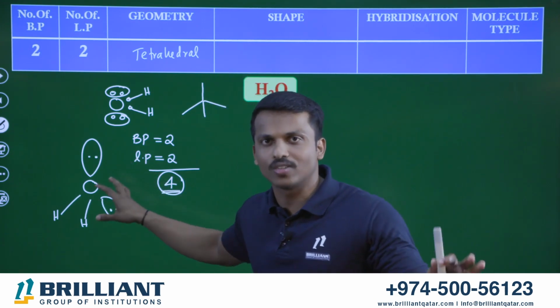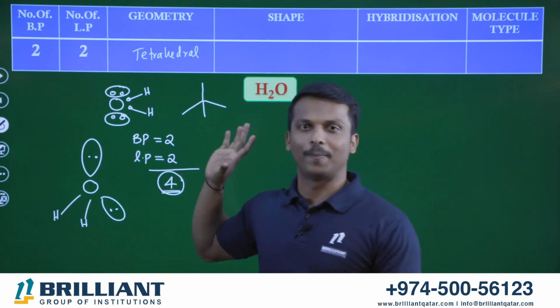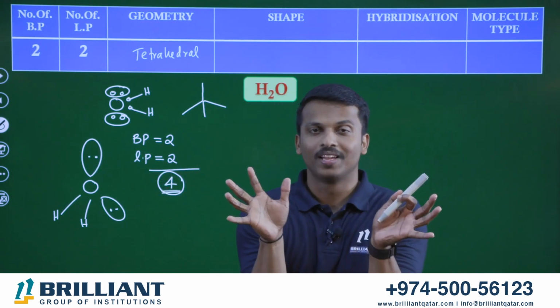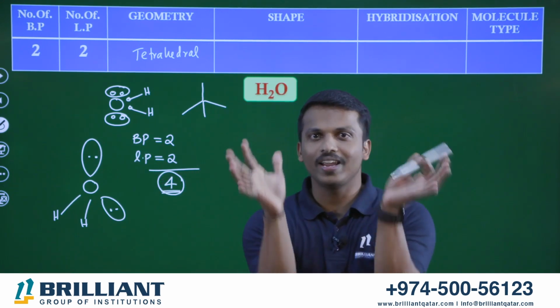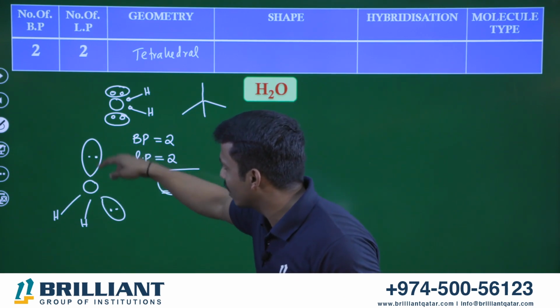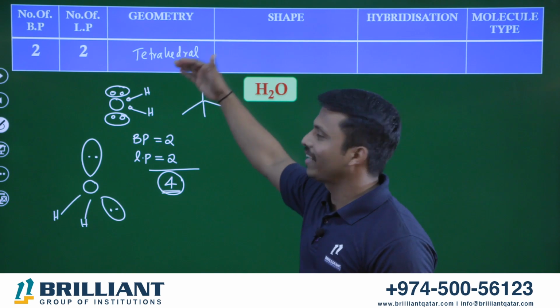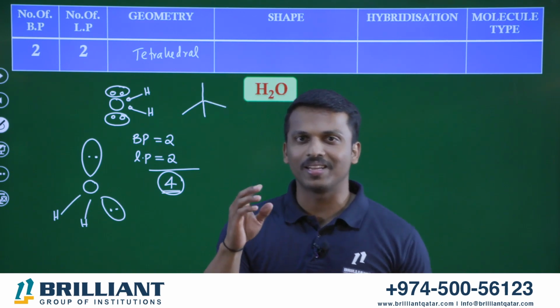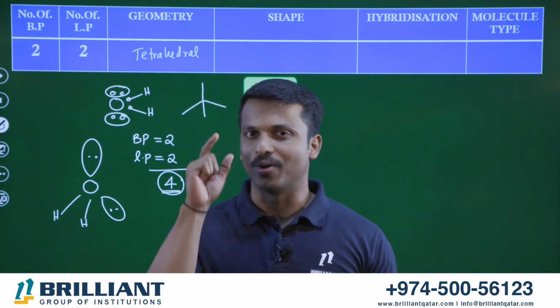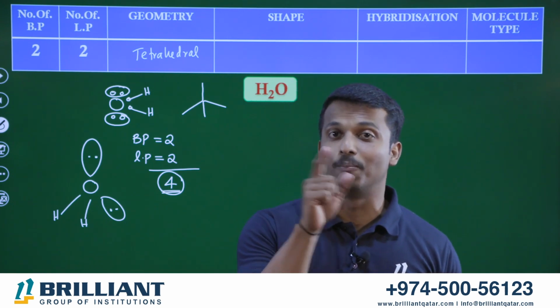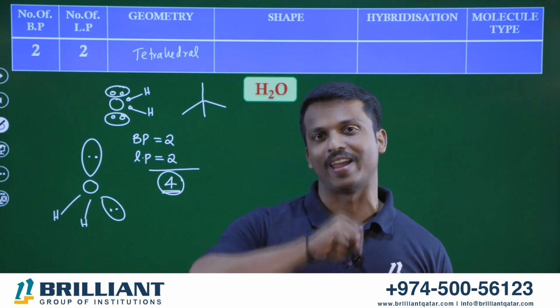But instead of bonds here, what we have? 2 lone pairs. See the arrangement. It's like a tetrahedral, right? Why is the geometry tetrahedral? Because when you consider the geometry of a molecule, you have to consider both bond pairs and lone pairs, how they are located.